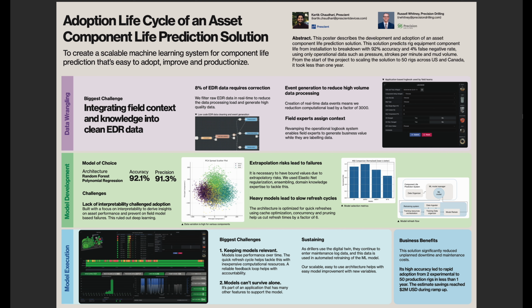So overall, what's happening is we have a bunch of components. They fail at different intervals, and they keep getting replaced. We're trying to figure out what the lifetime is for a particular component. For example, component A might run for 800 hours.